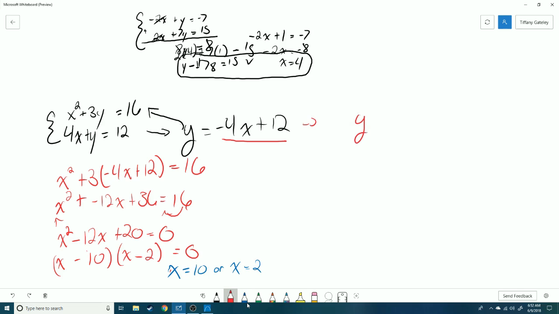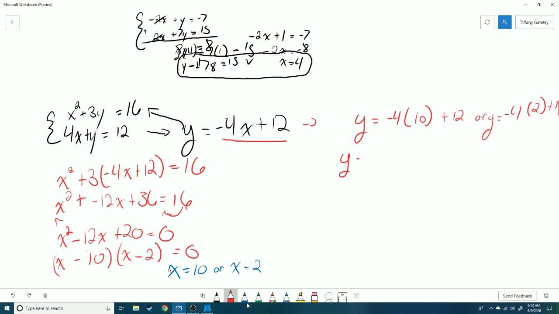So y equals -4 times 10 plus 12, or y equals -4 times 2 plus 12.